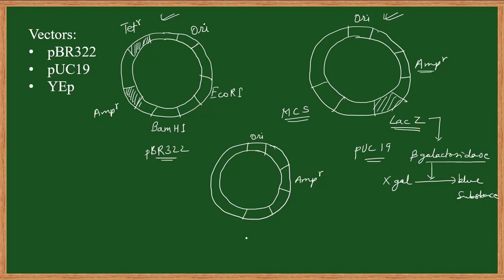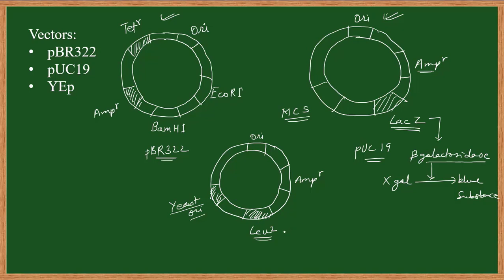And here is LEU2, a selectable marker mostly used for eukaryotic host cells, and here is an origin of replication for eukaryotic cells, so we will write yeast ORI. Yeast is a type of eukaryotic organism, and this ORI is for yeast or eukaryotic host cells.